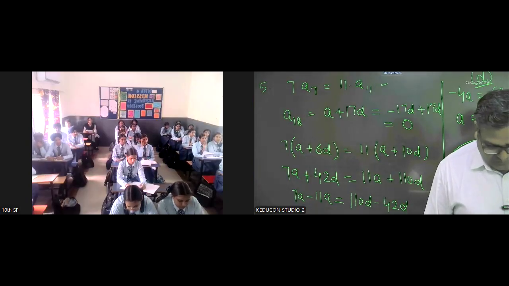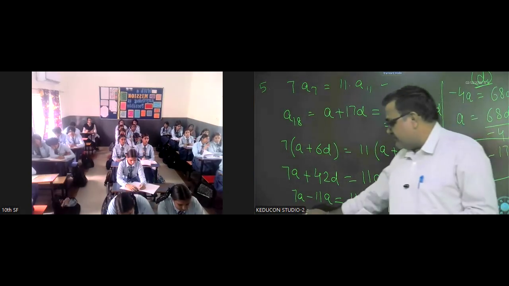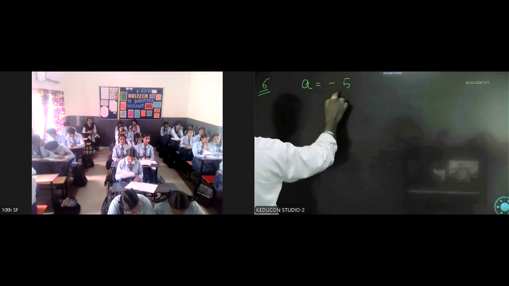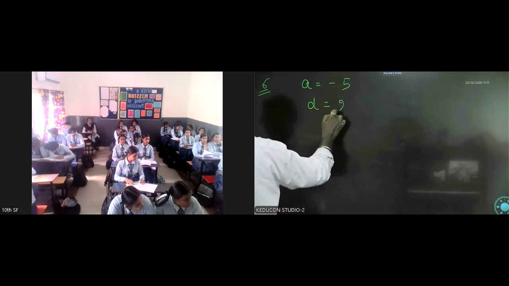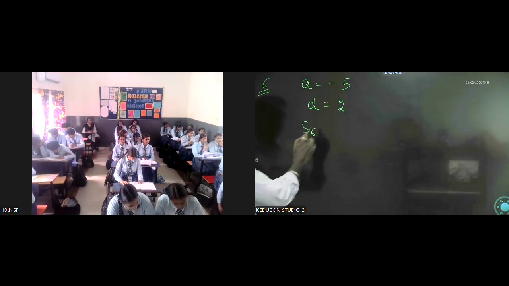Now we come to question number 6. If the first term of an AP is minus 5, the first term of the AP, meaning a, is minus 5, and the common difference is 2. Then the sum of the first 6 terms, you have to find S6. What is the formula?